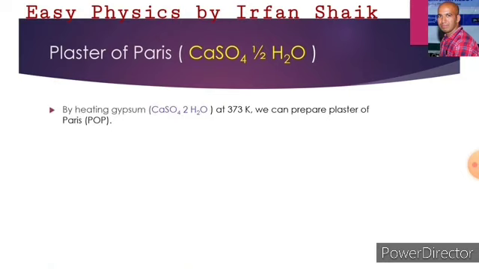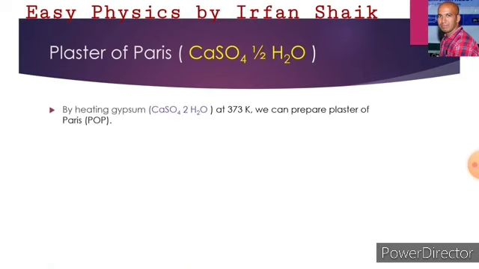The formula of gypsum is given here, CaSO4·2H2O. It is also called calcium sulfate hemihydrate because one water molecule is attached to two calcium sulfate molecules. That's why we call plaster of Paris calcium sulfate hemihydrate.